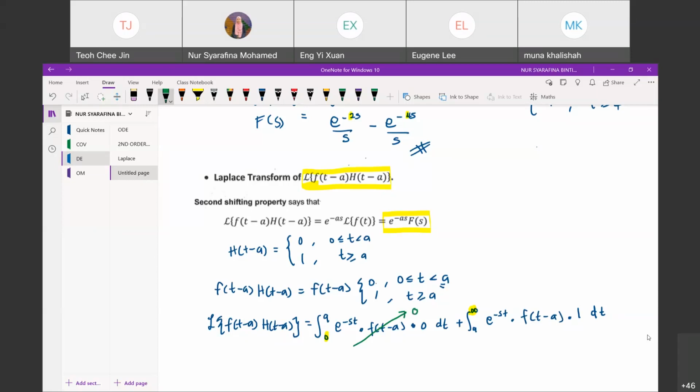Okay, clear? So now, by integrating the second part, let's say here, let u equal t minus a. Then t equals u plus a, right?